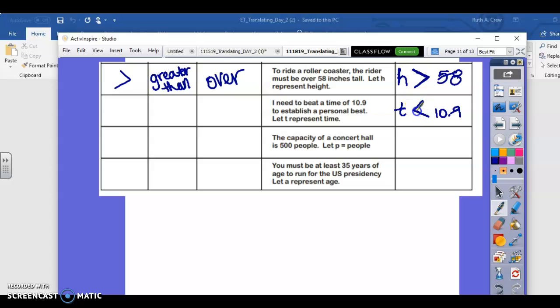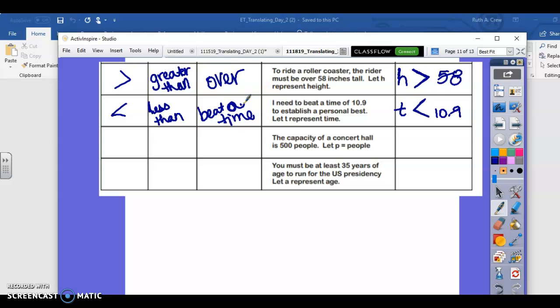So in order to beat it, I would not want it to be equal to. I would just want my time to be less than that. So that is a less than. And the key word that let me know that was beat a time. All right, the next one.